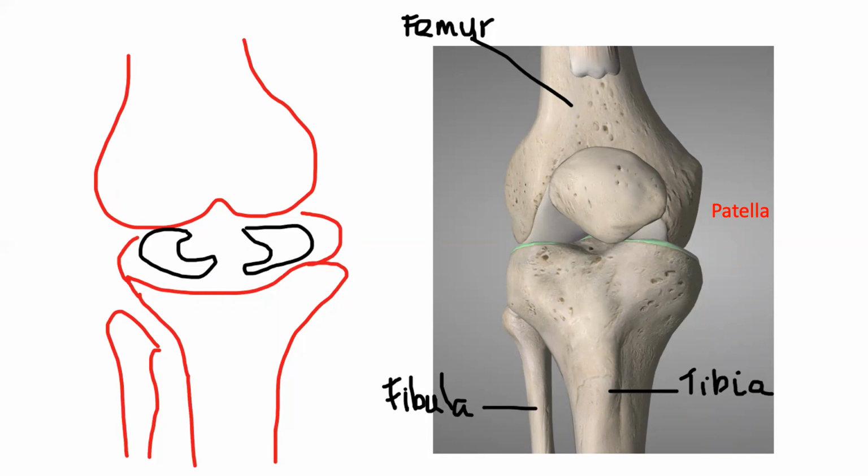That hyaline cartilage is called articular cartilage because it's inside the joint. The same hyaline cartilage will be covering the upper surface of the tibia. And we can see the green colored structure, which is the meniscus, crescent shaped, one on the medial side and another one on the lateral side.